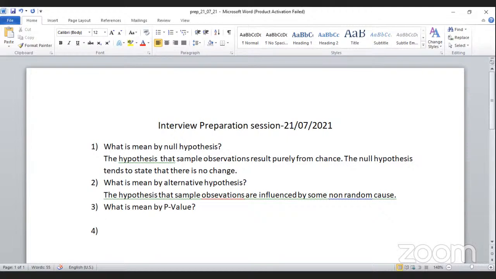Okay, determine your level of significance. Yeah, so you are right, that value is just used for checking the statistical significance of our assumption statement.